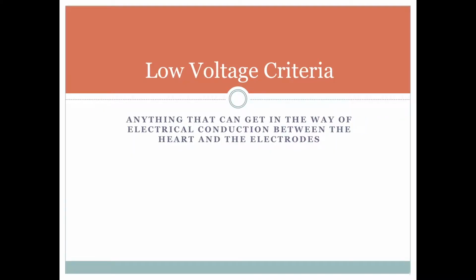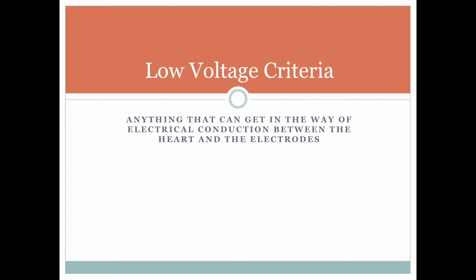So moving on into low voltage criteria. This is basically anything that gets in the way of the electrical conduction of the heart, including anything that could cause any kind of infiltrating disease into the heart, and anything that will cause interference between the heart and the skin of the chest wall.